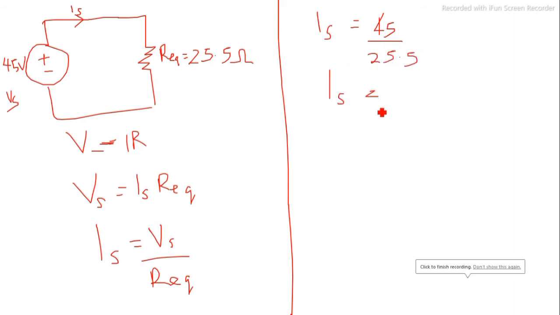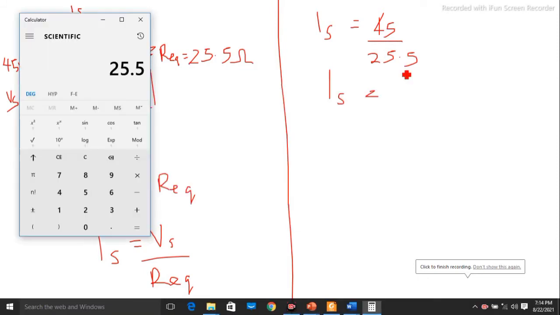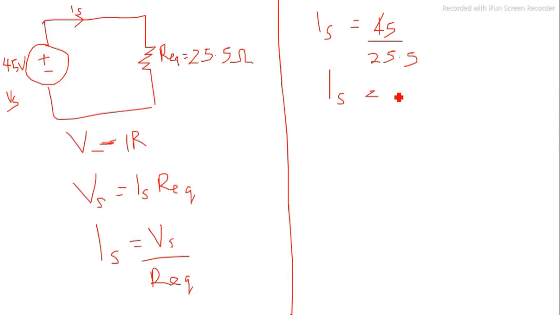So 45 divided by 25.5 gives you 1.76. 1.76 ampere. So this is the supply current.